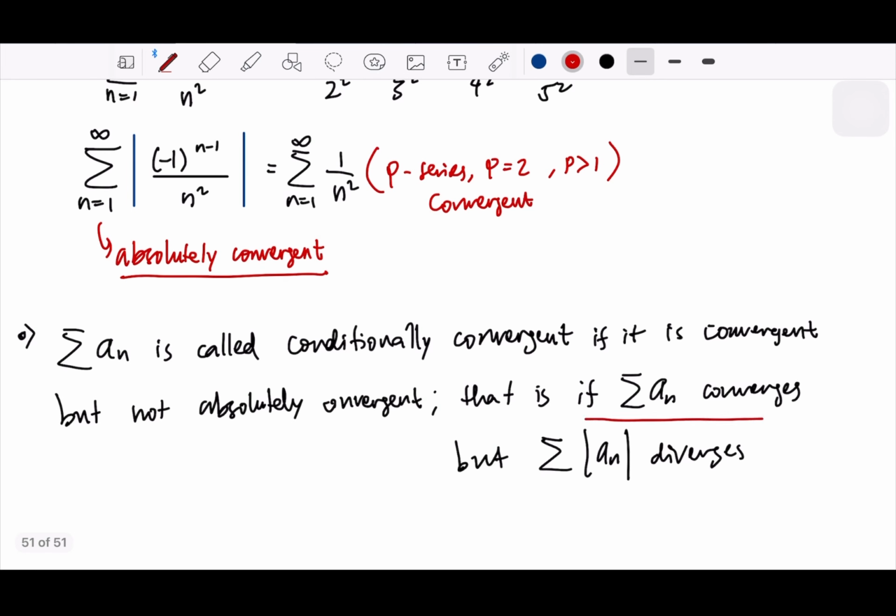I think the last part pretty much concludes the terms. And we call this conditionally convergent.